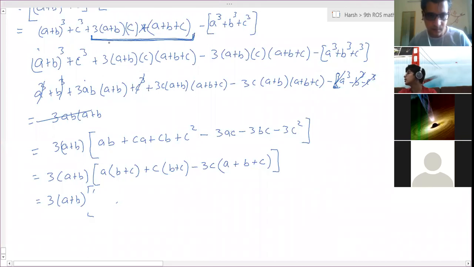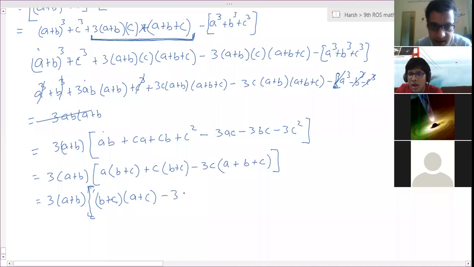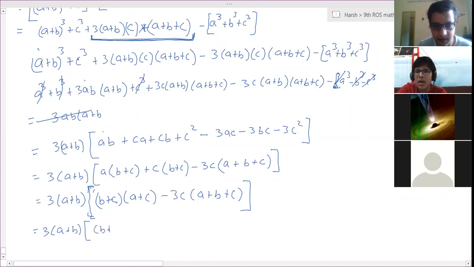3(a plus b). So you are telling then put bracket, plus c common, (b plus c)(a plus c) left out, minus 3c(a plus b plus c). Now we can just multiply 3(a plus b) into (b plus c)(a plus c).